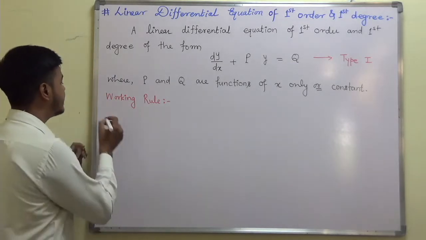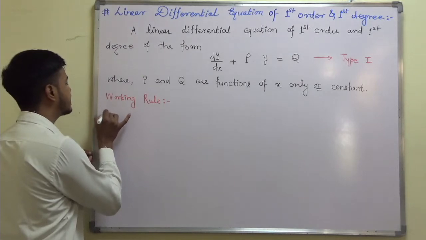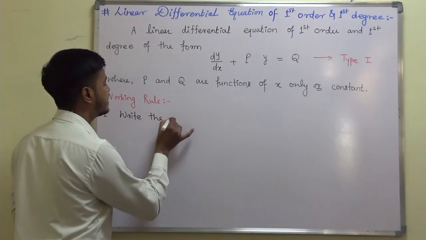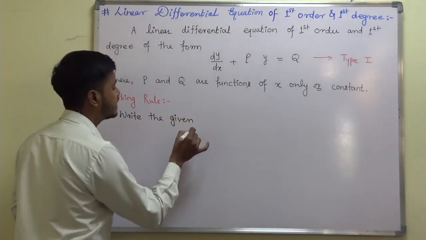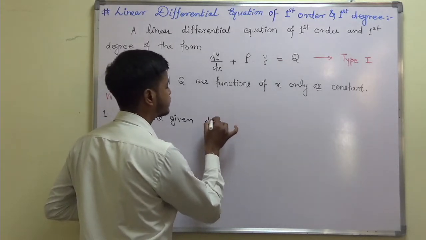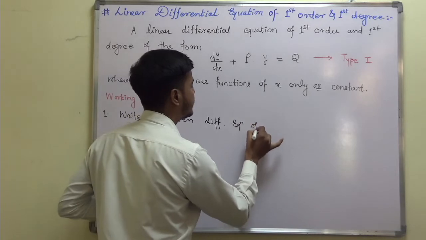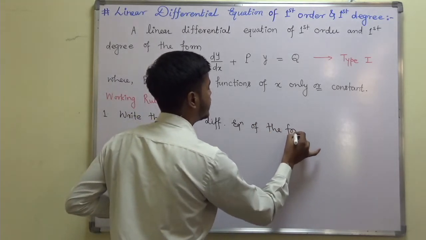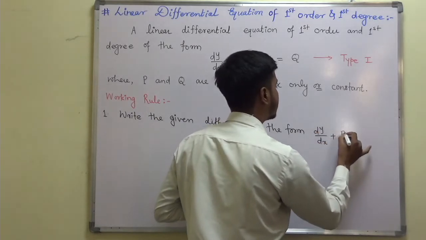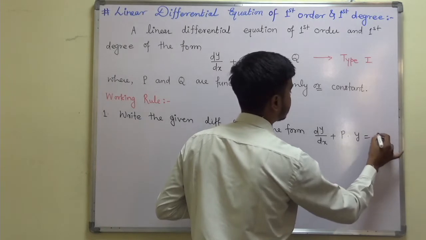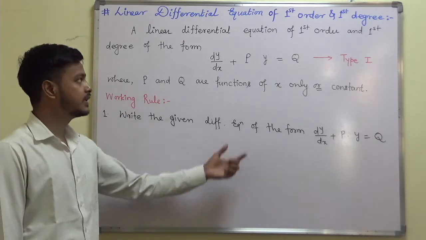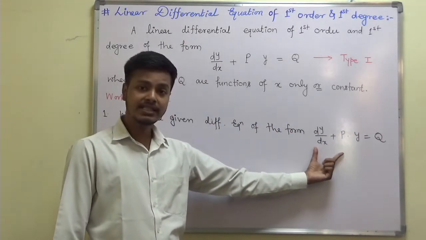The very first step is to write the given differential equation of the form dy by dx plus P into y is equal to Q. So first of all you have to arrange the equation and try to write it like this.